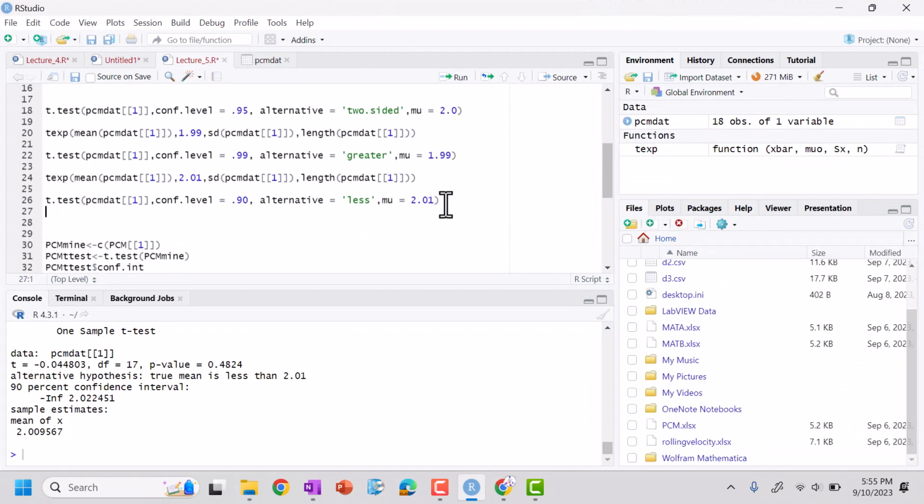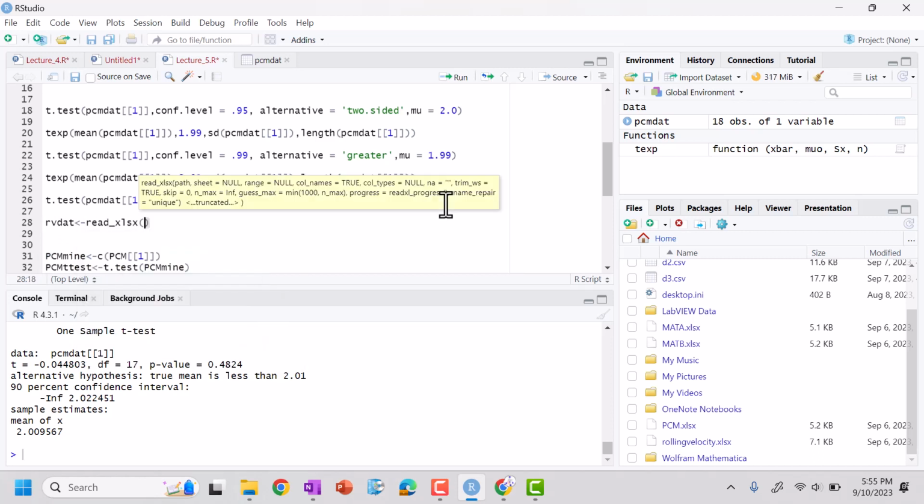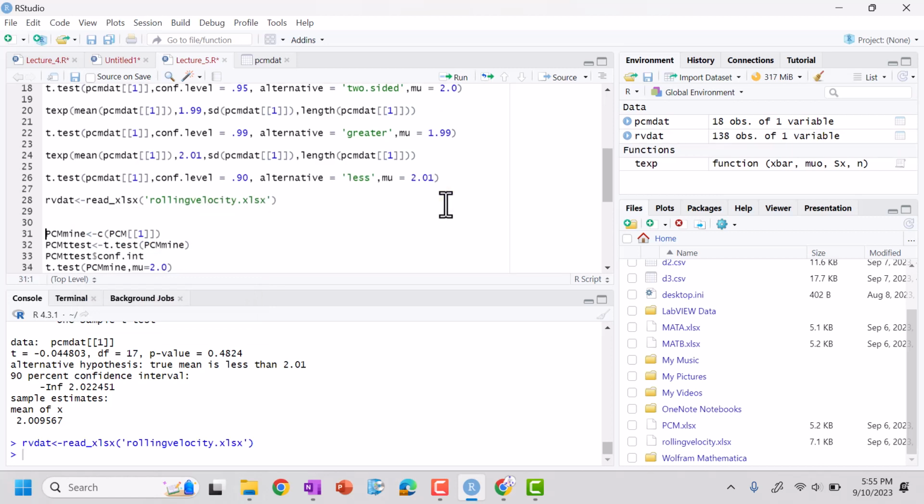Let's do rolling v. I'm going to say rvdat, read underscore xlsx, rolling velocity dot xlsx, and then we can just copy and paste here. I think it was 3.1.